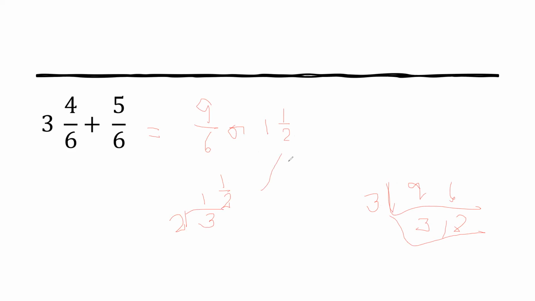But please take note na may 3 tayo dito sa unahan. So i-add natin yon. Final natin i-add ang ating whole number. So what will be our final answer? 4 and 1/2 po. Huli nating ina-add ang mga whole number.